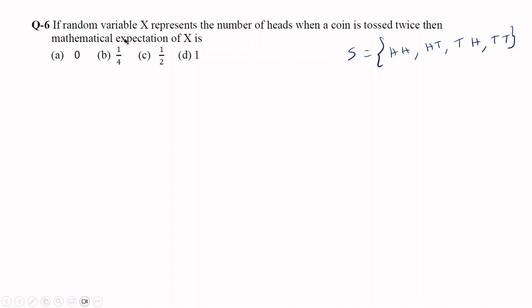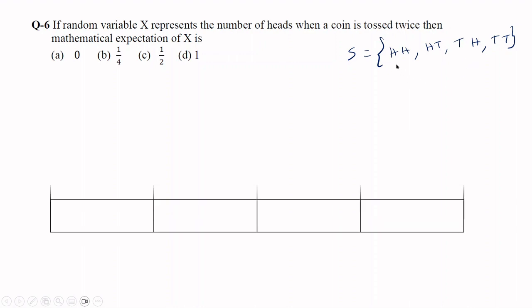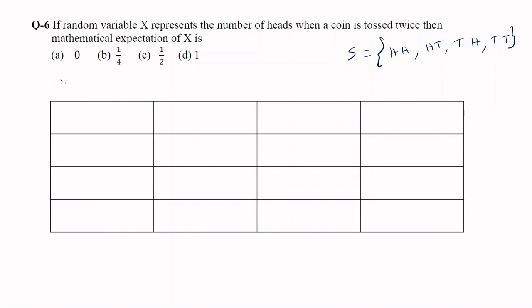Here x represents the number of heads. So the random variable x can take values 0 where no heads occur, 1 where one head occurs, or 2 where two heads occur.